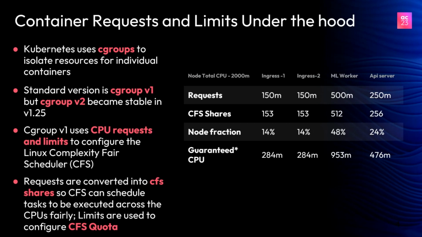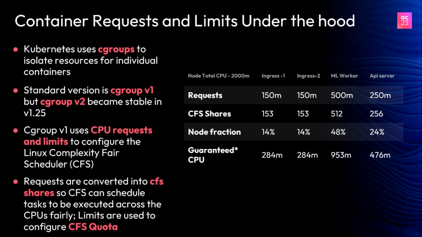The cgroup also uses the requests and limits to configure something called the Linux CFS, the completely fair scheduler. And there are again two concepts: requests get translated to CFS shares, and limits get translated to CFS quota.